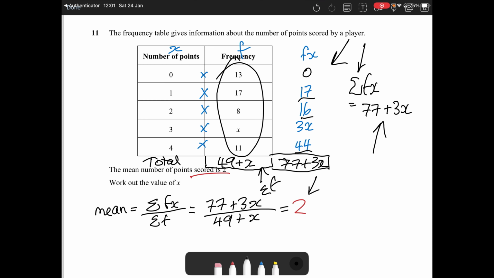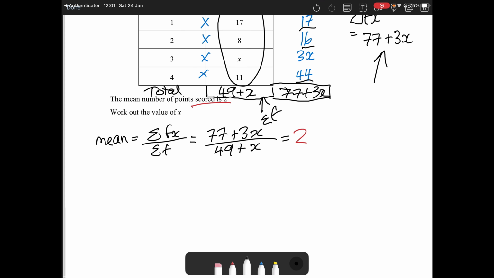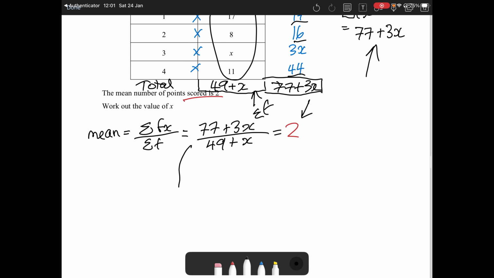So let's do just that. Okay, so I've got an equation. How am I going to solve that? Let me scroll down. Well, I'm going to start by multiplying both sides of my equation, left and right, by the denominator on the left-hand side, 49 plus x. Why am I doing this, you ask? Well, if I times the left-hand side by the denominator, the 49 plus x on the top and the 49 plus x on the bottom would just cancel out, wouldn't they?